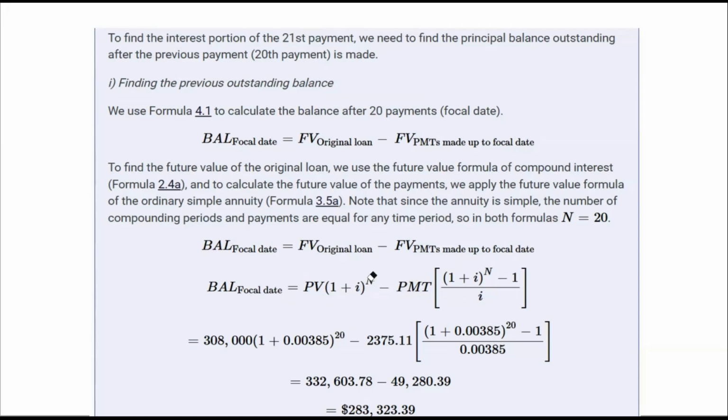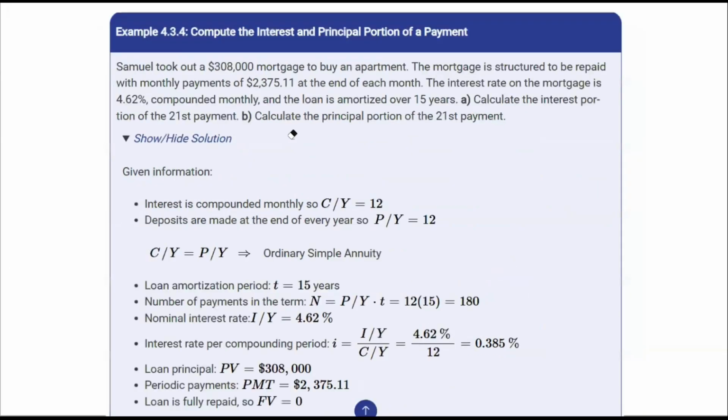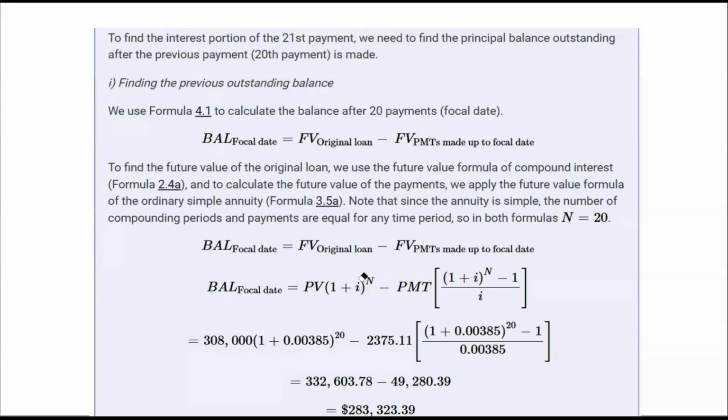Sorry, not years. I think this is not years because you're doing this by the month. Let me check back for the month. Yes, sorry, we're dealing with months. So after 20 months, how much you owe them minus how much the payments that you pay will clear off that loan.